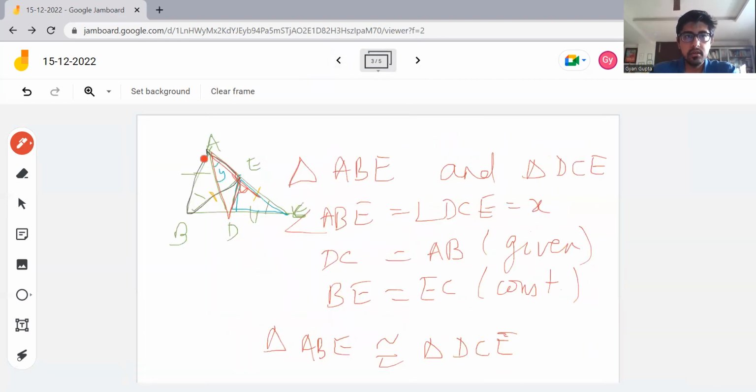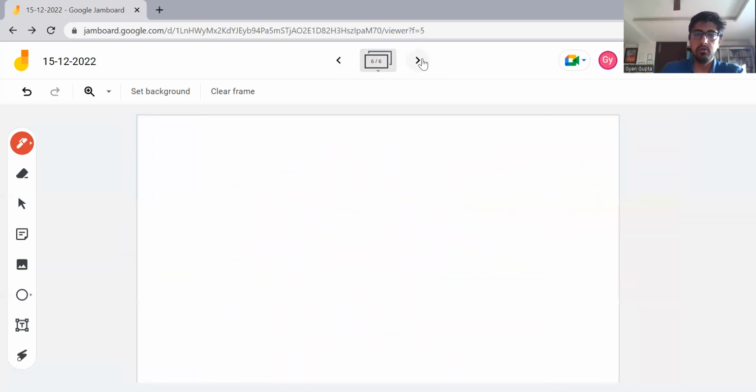We have triangle ABE is congruent to triangle DCE. This was our initial figure.